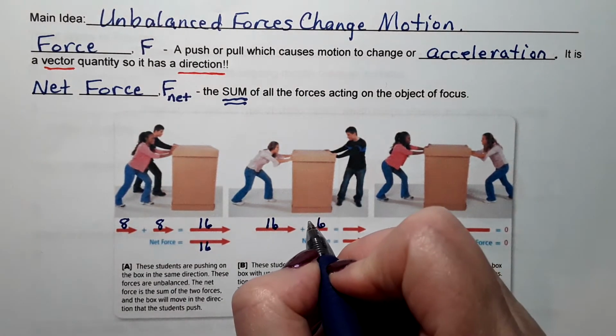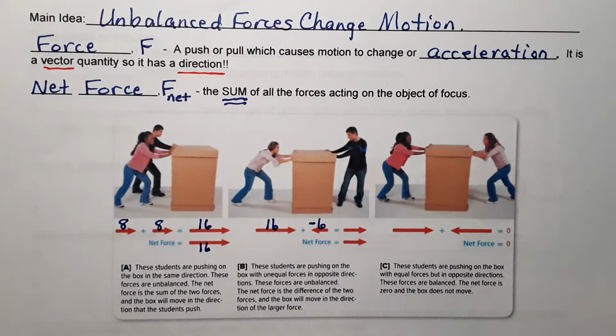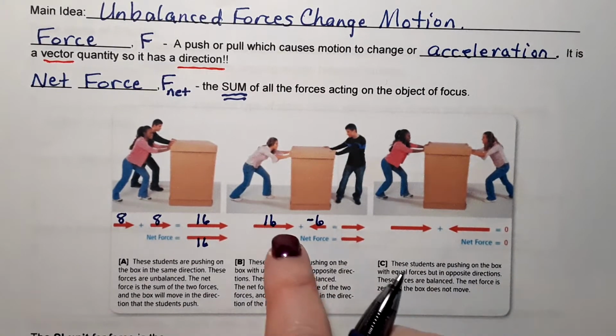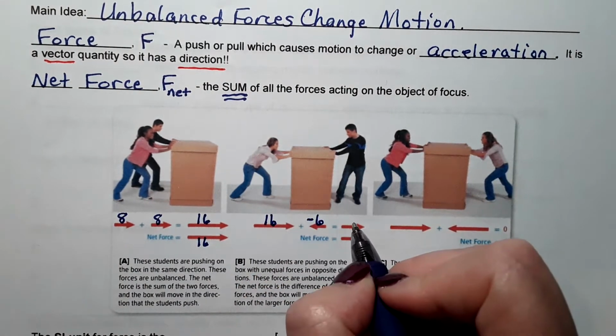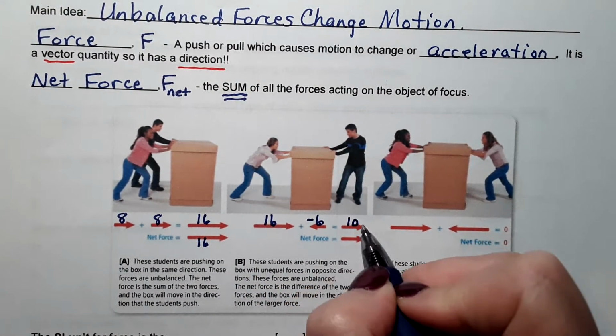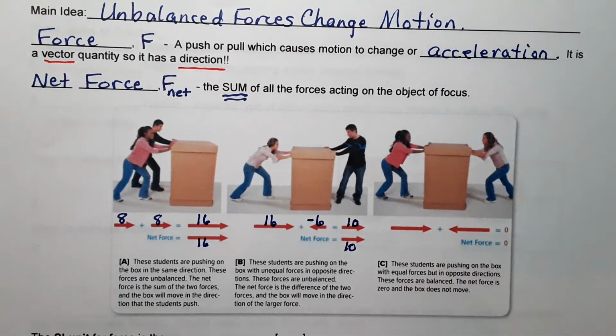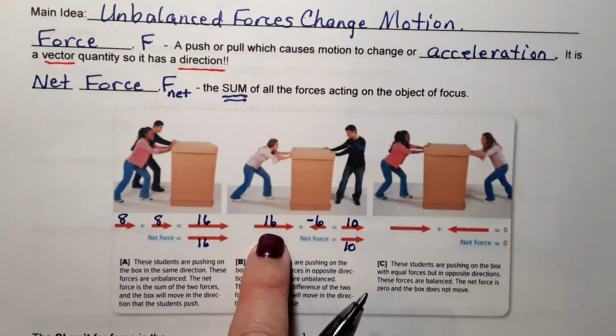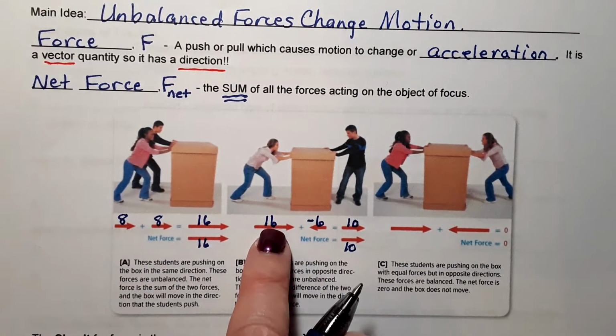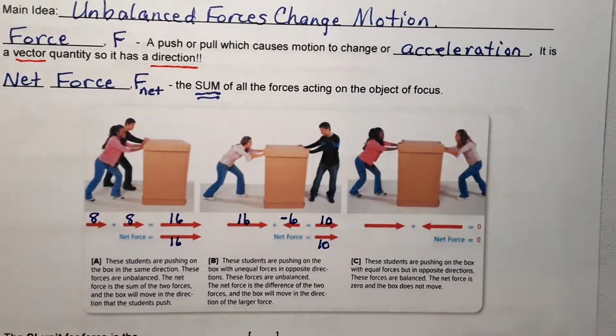It would have to be negative because opposite directions cannot have the same sign. So 16 plus a negative 6 means that the total force is 10, and that's what we call the net force. It is also 10 to the right because that was the biggest one. So the net force will also point to the right.